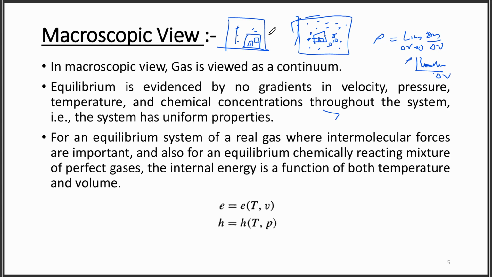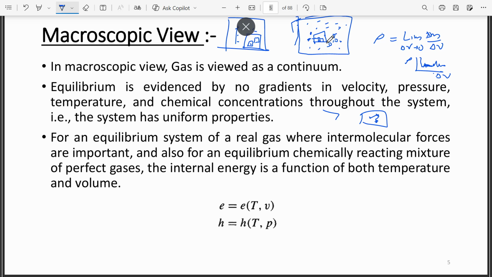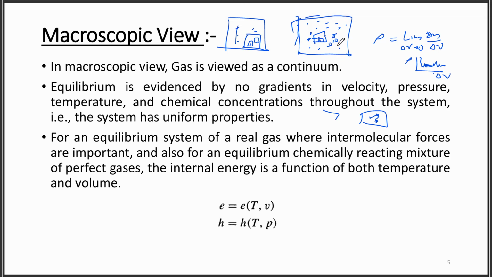For rarefied flow, there will not be a continuum. For a continuum to exist, consider the mean free path, which is the average path traveled by a particle before successive collisions. When the mean free path is very small compared to the dimensions of the flow, the flow will be in continuum.